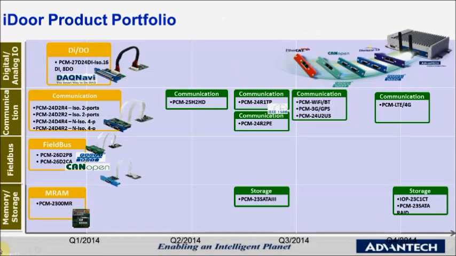And this is our product portfolio. As you can see, starting from communication, we have DIO, we have fieldbus and NVRAM. And as you can see on the right, we will go on working on the evolution of the product in order to have a really powerful and complete platform.